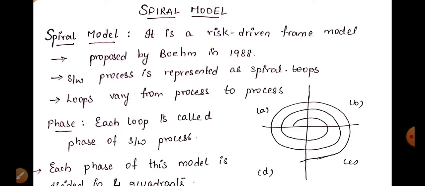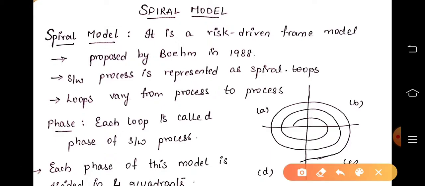Spiral model is a risk driven model, in which we can do analysis on the risk. This is proposed by Boehm in 1988. Actually the software process is designed in the form of a spiral.